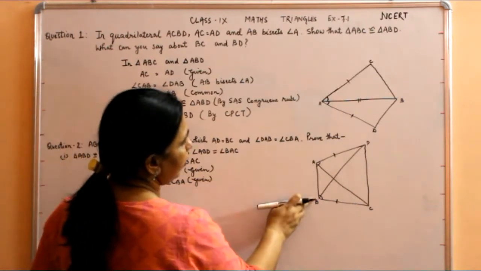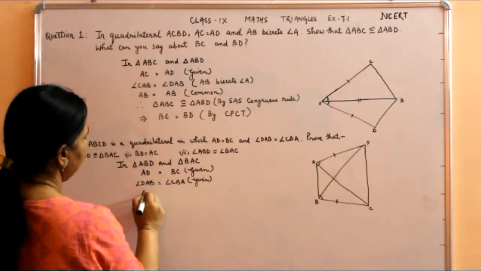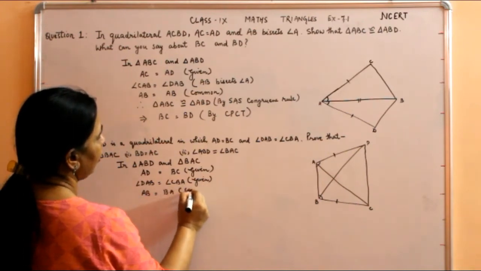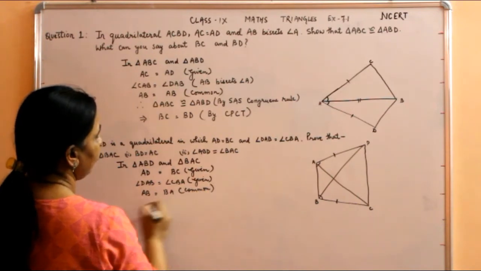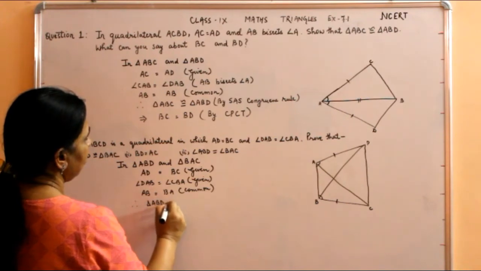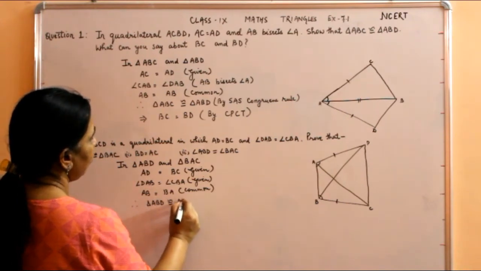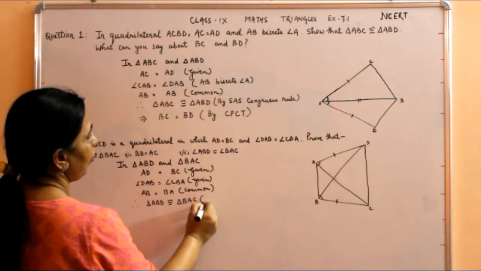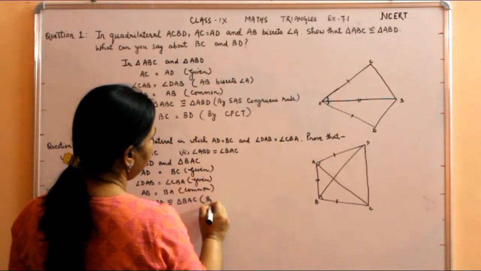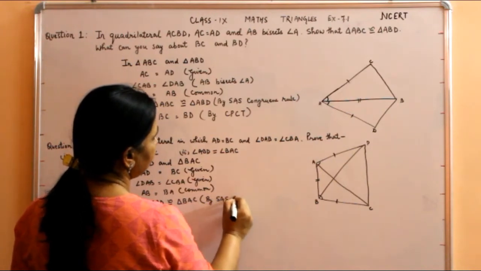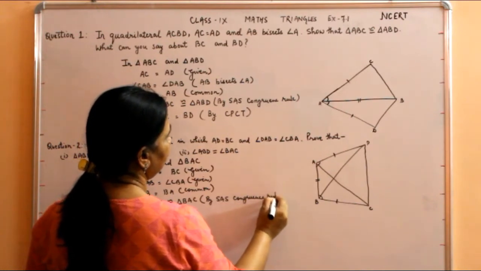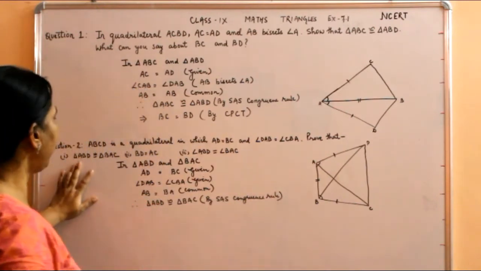And this side AB is equal to BA. This is common. We can say that triangle ABD is congruent to triangle BAC by side, angle and this side, by SAS congruency rule. Okay, first part is proved.